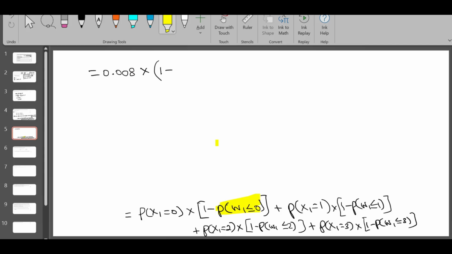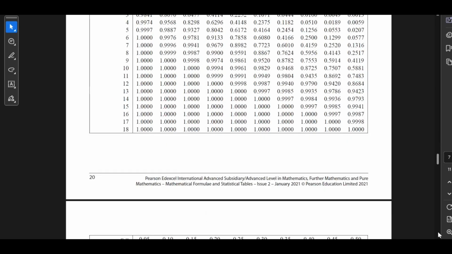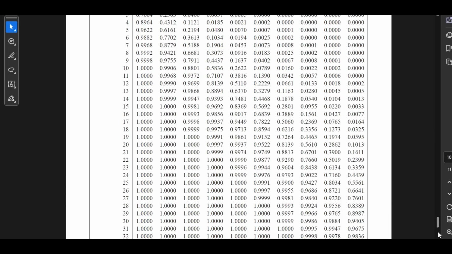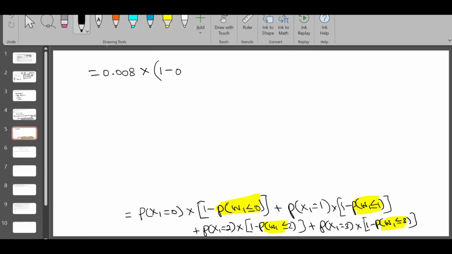I'm going to use the table for these cumulative probabilities because lambda is 4, right? So we can use the table. Go to the Poisson cumulative distribution table. Lambda is 4, that's the 8th column. Take the value x is equal to 0, which is 0.0183.